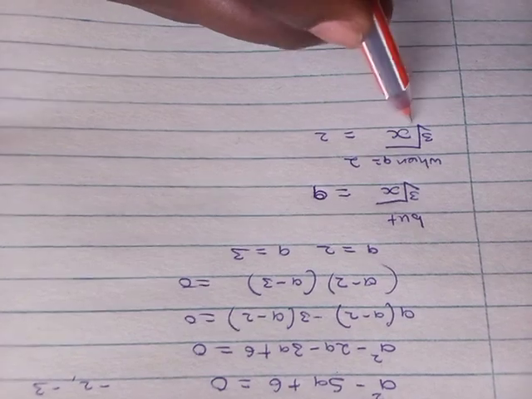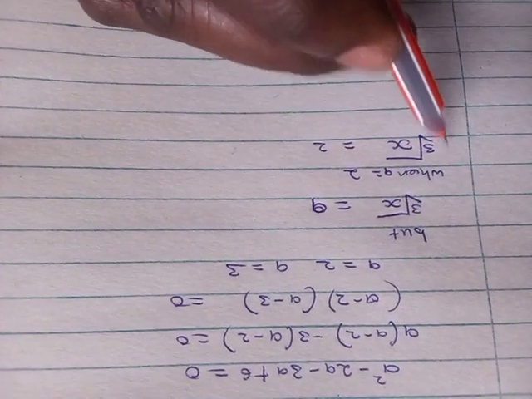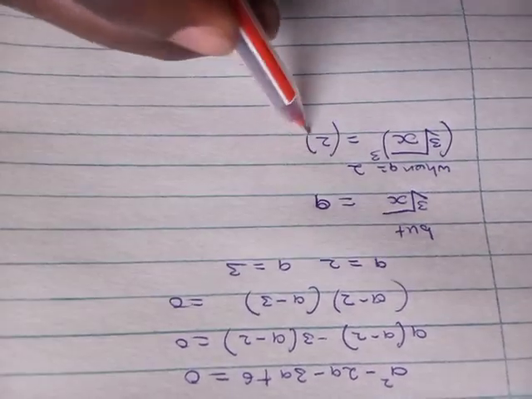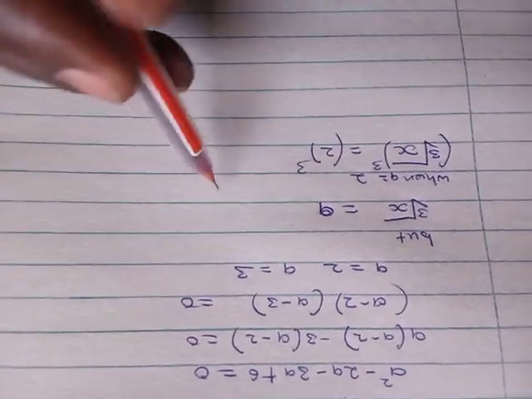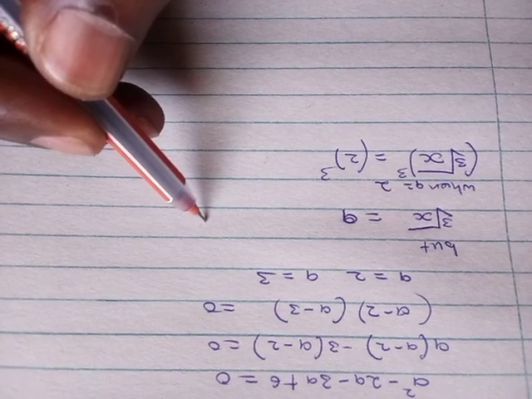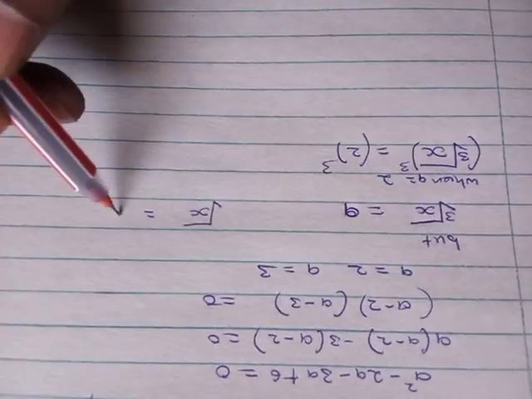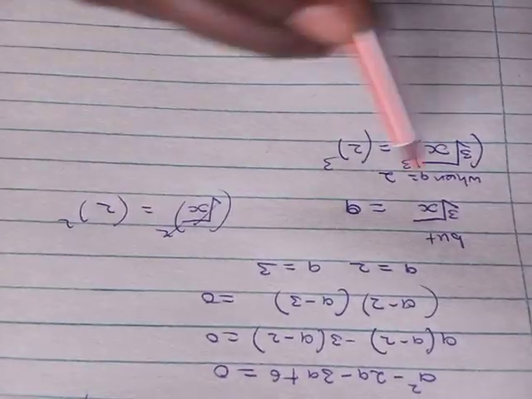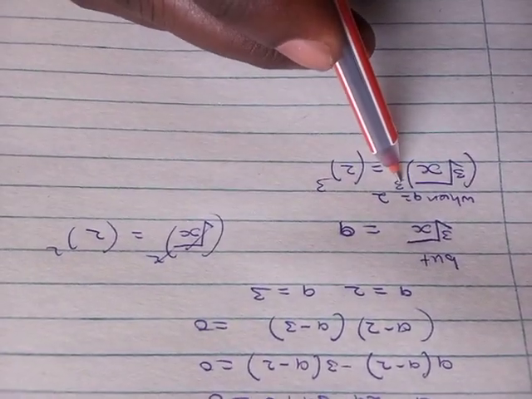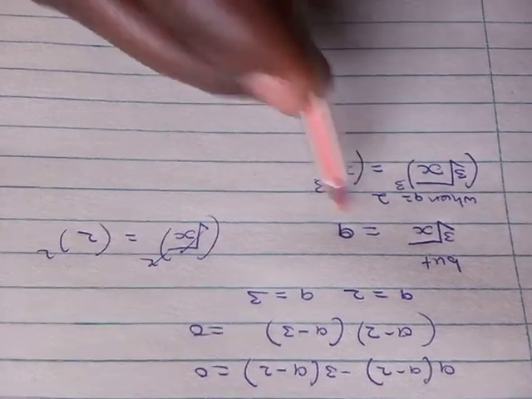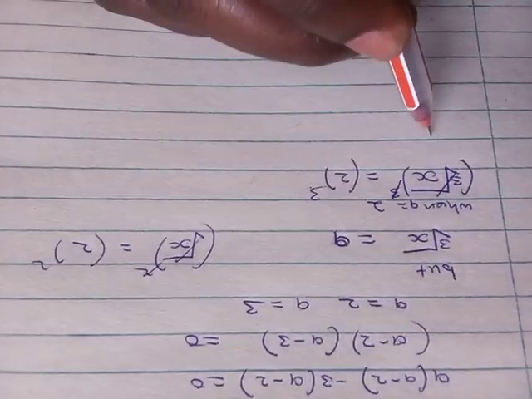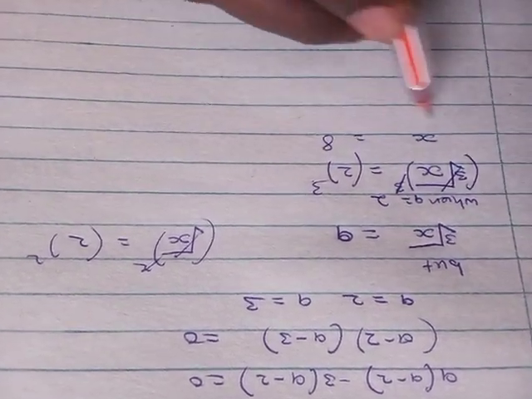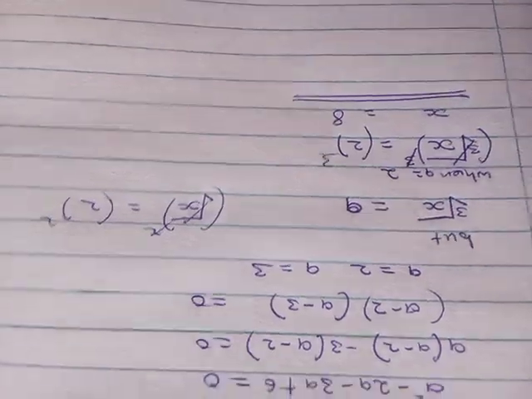In order for me to remove this cube root, of course, I will cube this side, also cube this side. Remember, like we used to do when you had something like x square root equaling to 2, you would square. So since it is now cube root, we cube, so that this goes with this. Then I'm remaining with x alone equaling to 2 to the power 3, which is 8. So that is the first value of x.